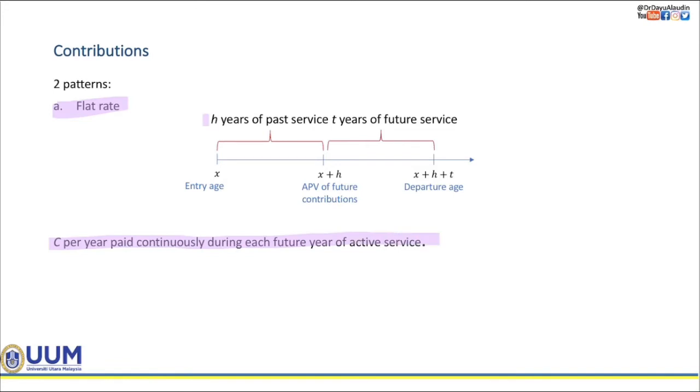So H is the years of past service, meanwhile T is the years of future service. So this is future service and this is past service. So x plus h is the valuation age, which is the current age.